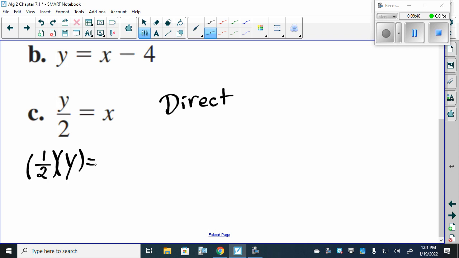And this here would be equal to x, yes? Now, direct variation, the beginning form that they told us was y equals a times x, yes? A variable is equal to a constant term times a variable. Isn't this still a constant term times a variable is equal to a variable? So y equals, are these essentially saying the exact same thing? Yeah, they just look different. So it would be direct.